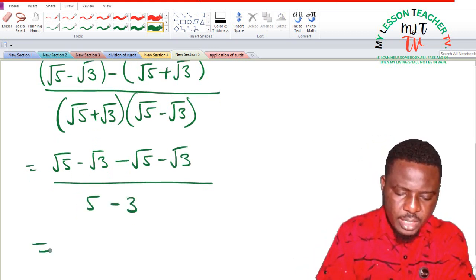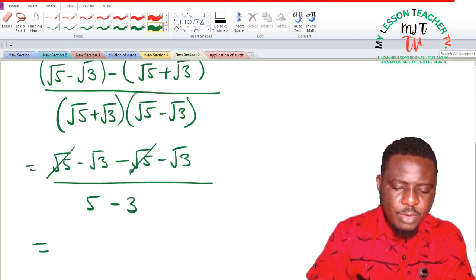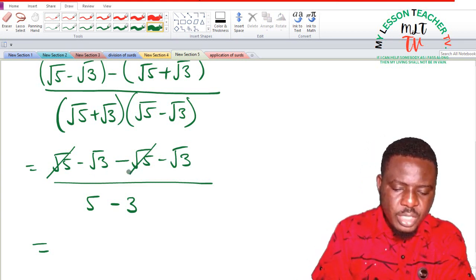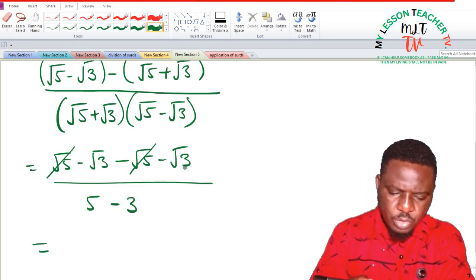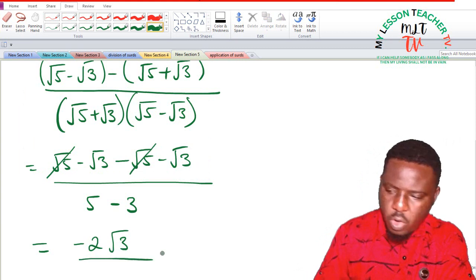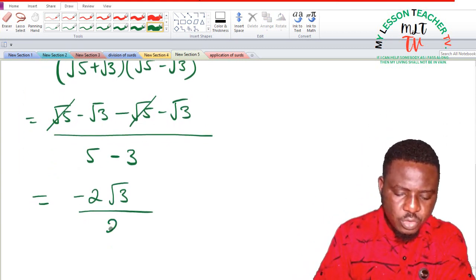So when you simplify further, by collection of like terms, you agree with me that plus root 5 minus root 5 is 0, while we are left with minus root 3 minus root 3. And minus root 3 minus root 3 is minus 2 root 3, all divided by 5 minus 3, which is 2.